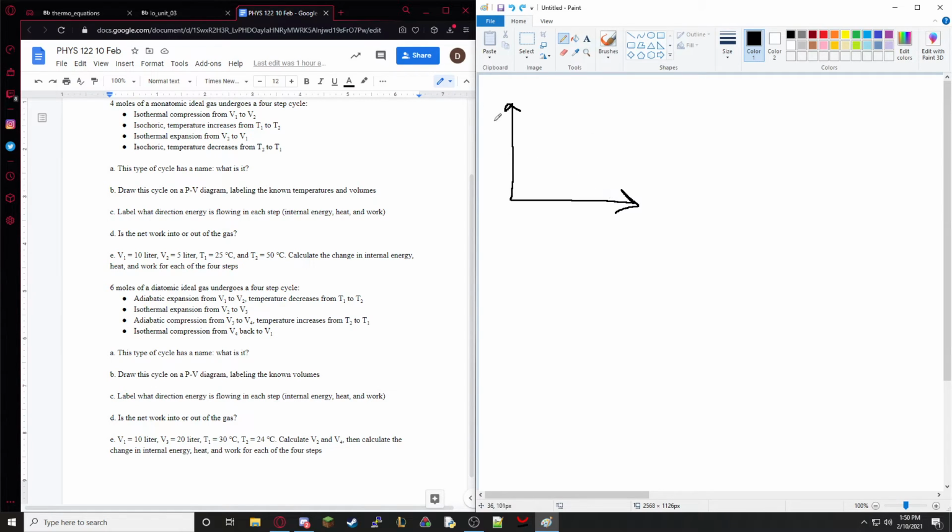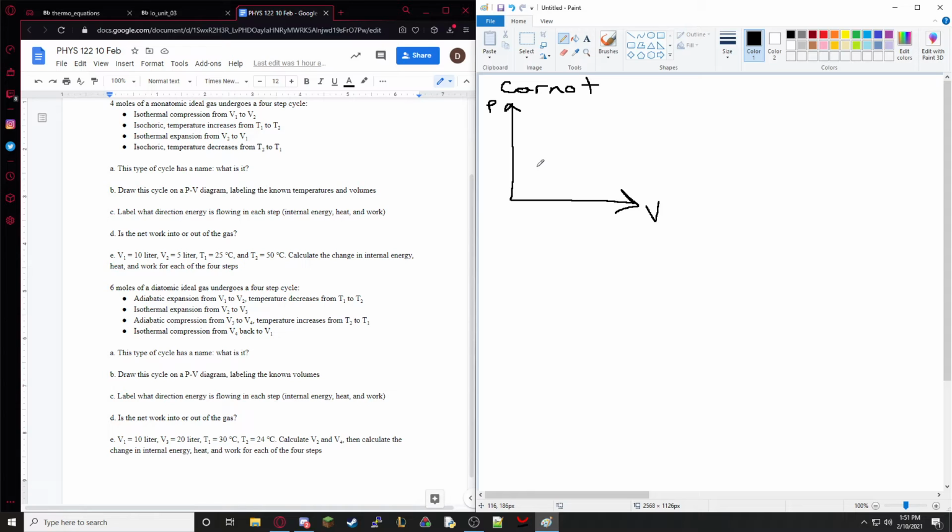So we have our PV diagram. So we have a Carnot cycle. And let's go ahead and take 5 minutes. Go ahead and draw the cycle on the PV diagram.